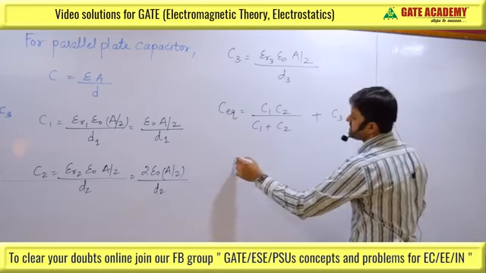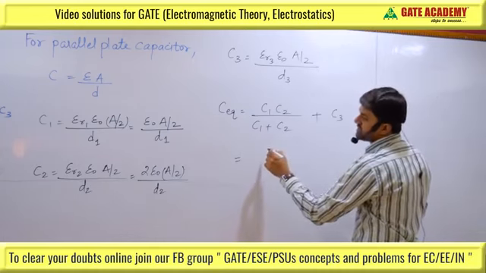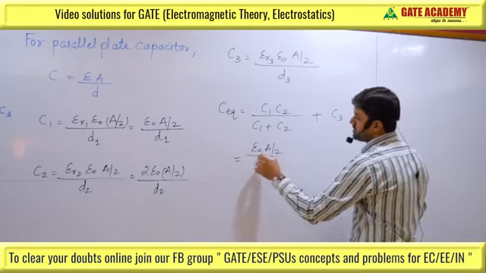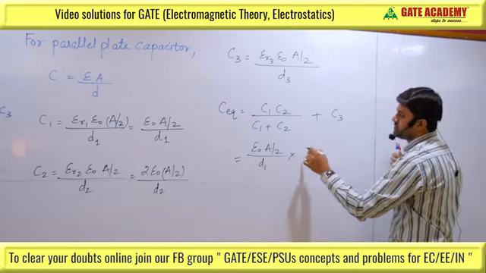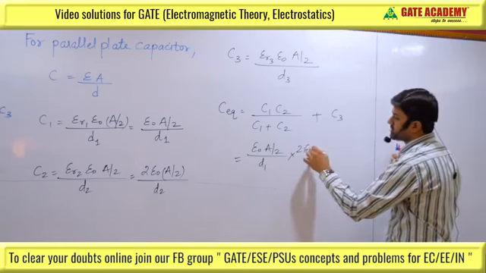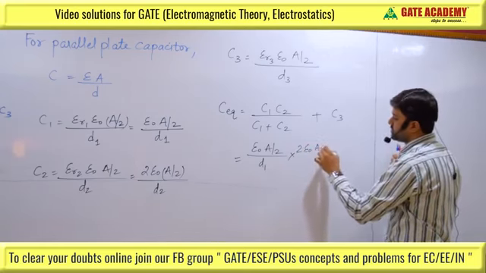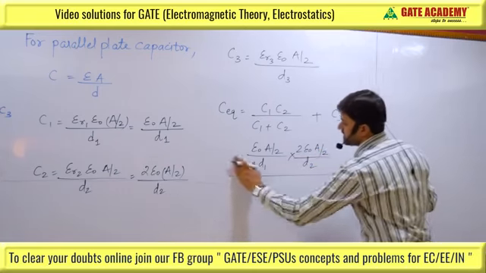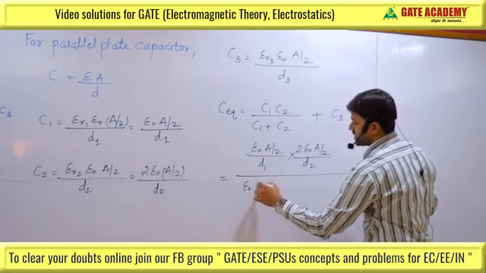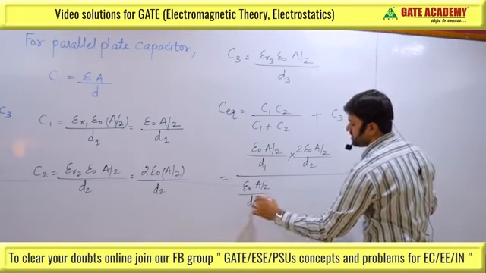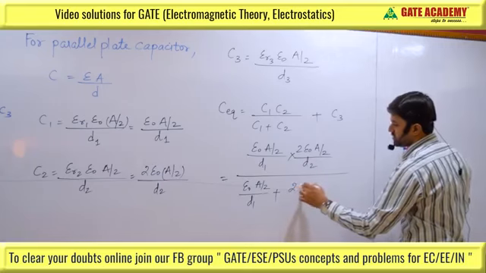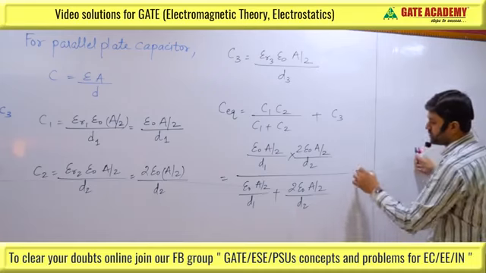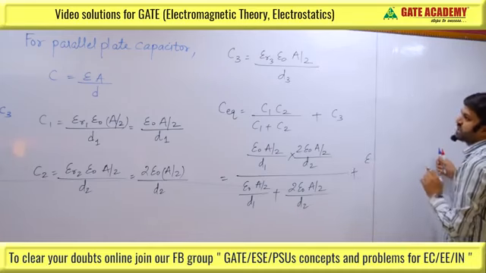If we put the values of C1, C2 and C3 here, C1 we have epsilon naught A by 2 by D1, into C2 which is 2 epsilon naught A by 2 divided by D2, whole divided by epsilon naught A by 2 D1 plus 2 into epsilon naught A by 2 divided by D2, plus epsilon R3.